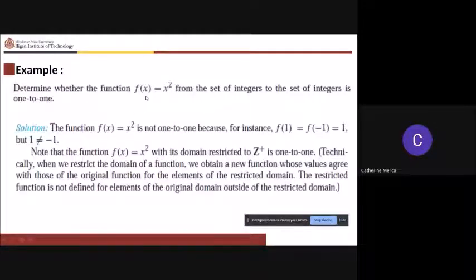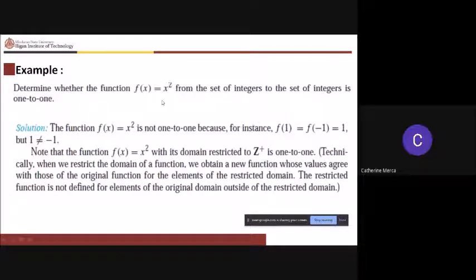Determine whether the function f of x equals x squared from the set of integers is one-to-one. Ang itsura ng f of x equals x squared is actually a parabola which opens upward. In terms of table, when x is 0, f of x is 0.